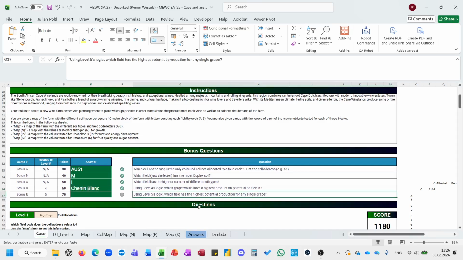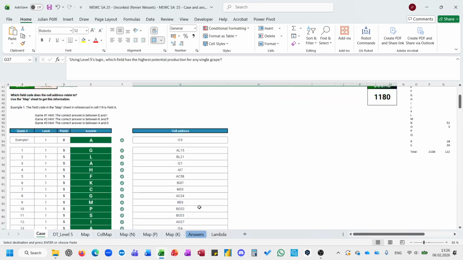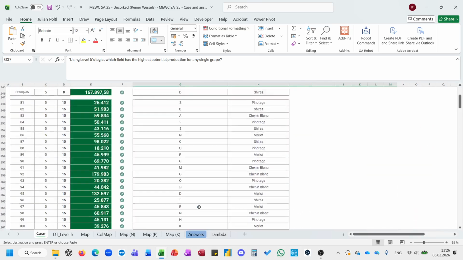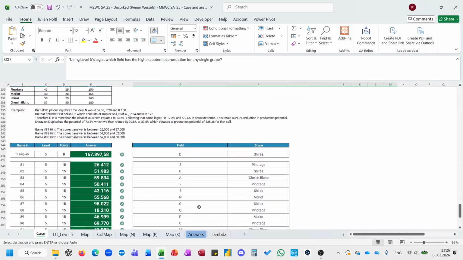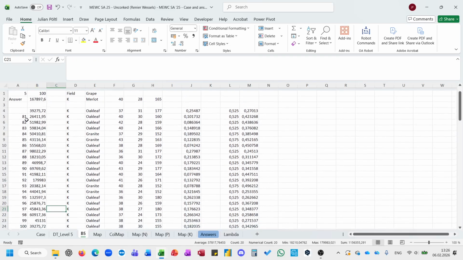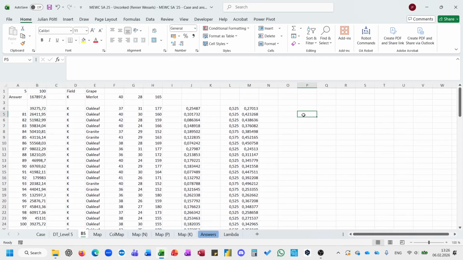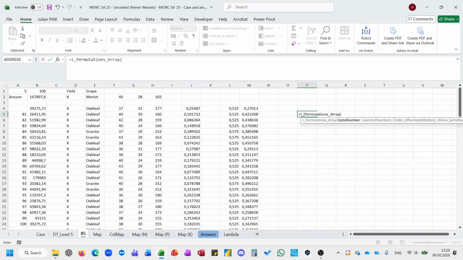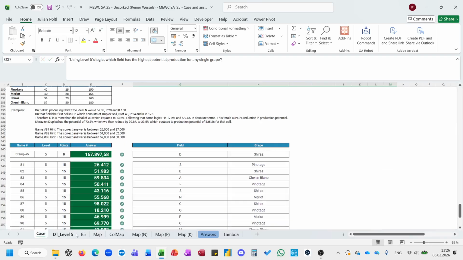Using level 5 logic, which field has the highest production potential for any single grape? Okay. Copy level 5, B5, and then permutation array.